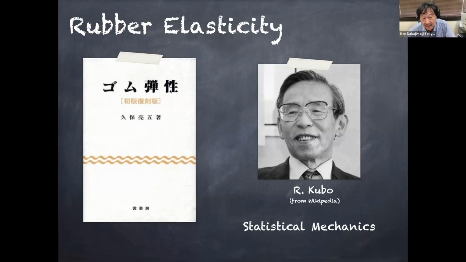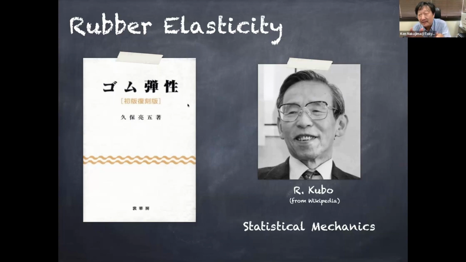This is Japanese, sorry, but this is elasticity, and this means rubber, in Japanese, gomu. Very interesting that he wrote this textbook when he was 25 years old. At that moment, he was already a professor at the University of Tokyo. Such a clever professor existed in former Japan.